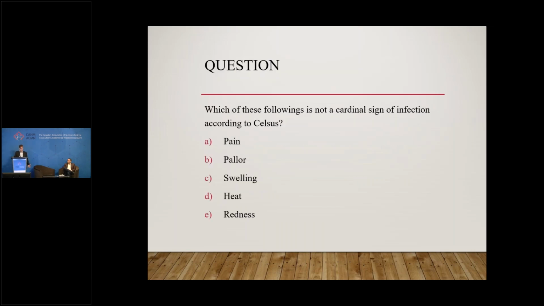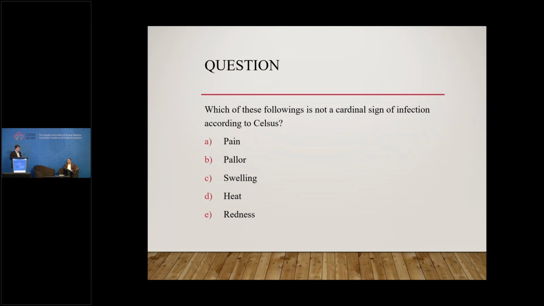So I just asked a question, in case we had this transponder: which of the following is not a cardinal sign of infection according to Celsus? Is it pain, pallor, swelling, heat, or redness?